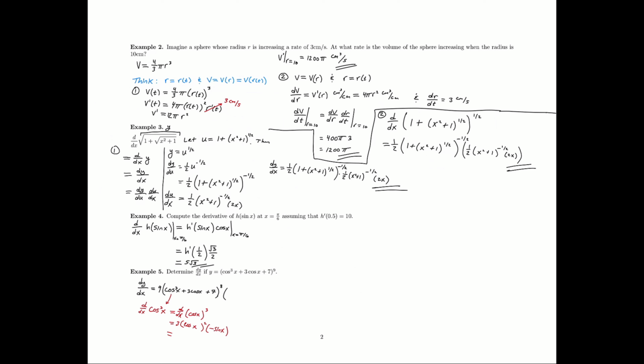We can clean this up by writing this as negative 3 cosine squared x sine of x. So this would be negative 3 cosine squared x sine of x minus 3 sine of x plus 0, because the derivative of a constant is 0.